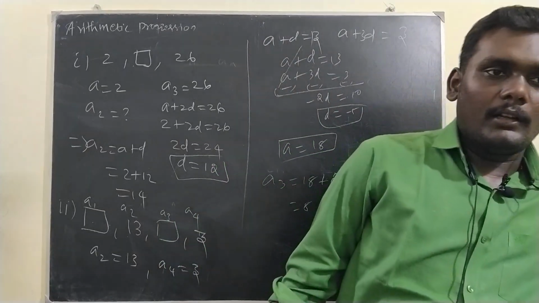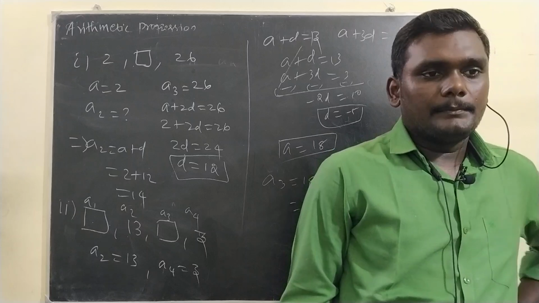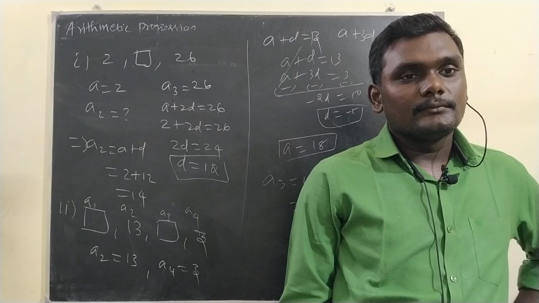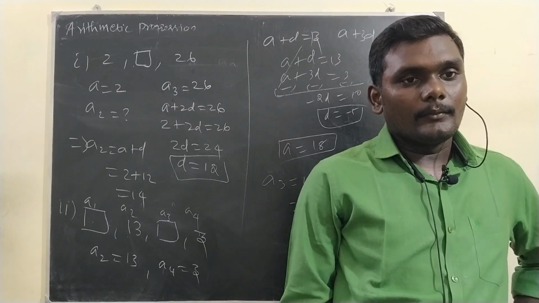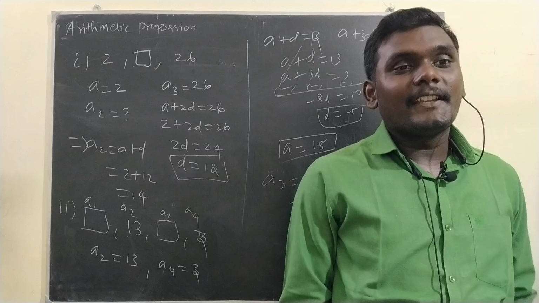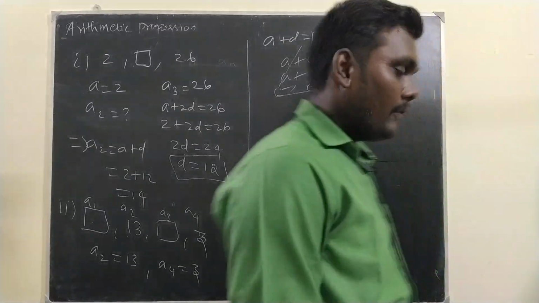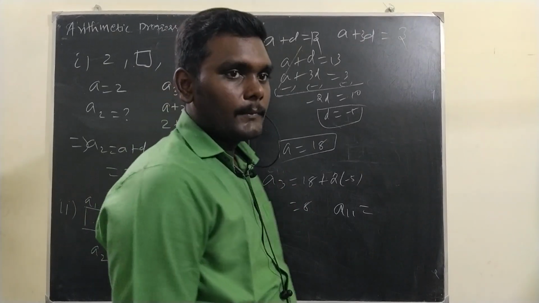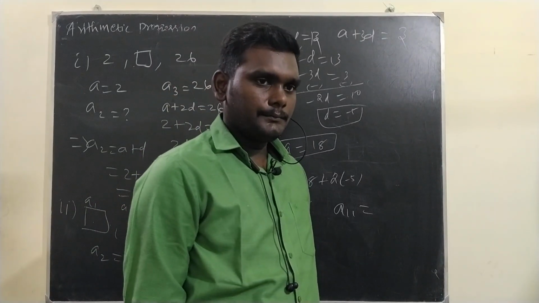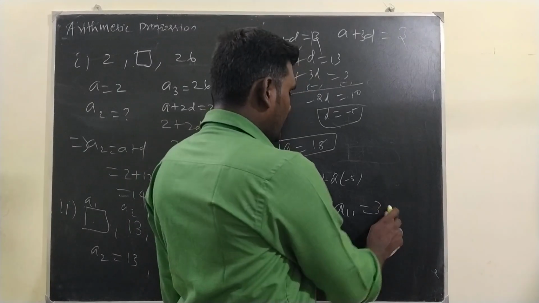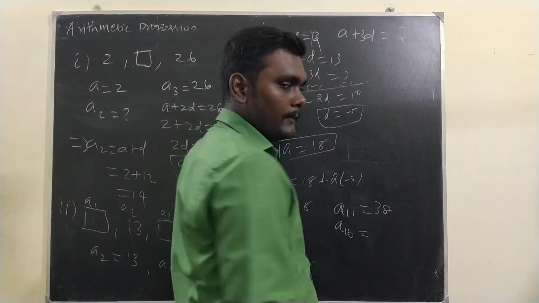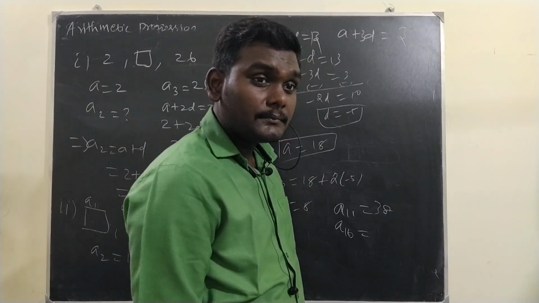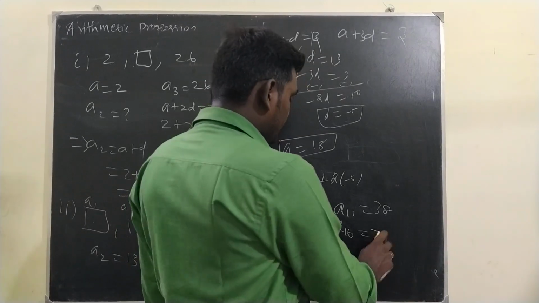Which two equations will you frame? A11 is 38, and the 16th term A16 is 73.